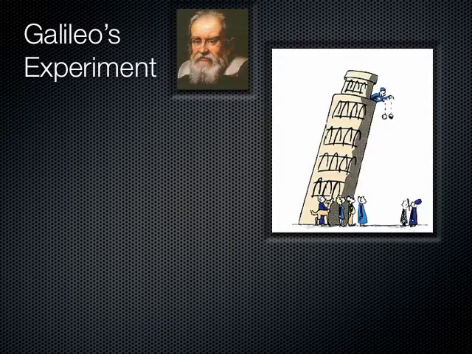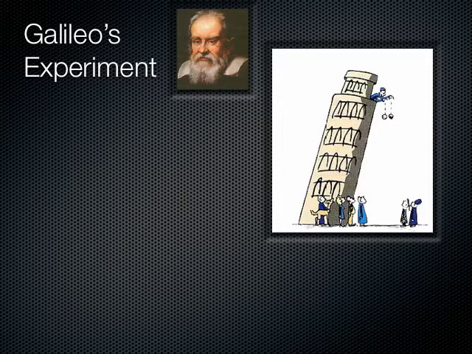Recall Galileo's experiment, where he rolled objects and released objects to slide down ramps, increasing the angle of the ramps to measure the accelerations, the time, the distance, and the velocities, and found all objects going down ramps gain the same speed over the same time frame.